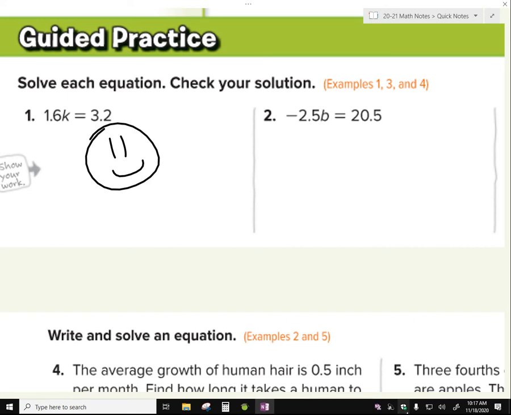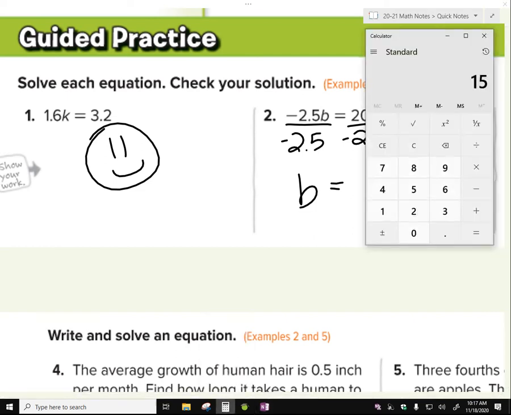So for number 2, our coefficient is negative 2.5. So that means that we have to get the variable by itself. So we need to divide both sides by the coefficient, negative 2.5, negative 2.5, which just leaves b over here. 20.5 divided by 2.5.